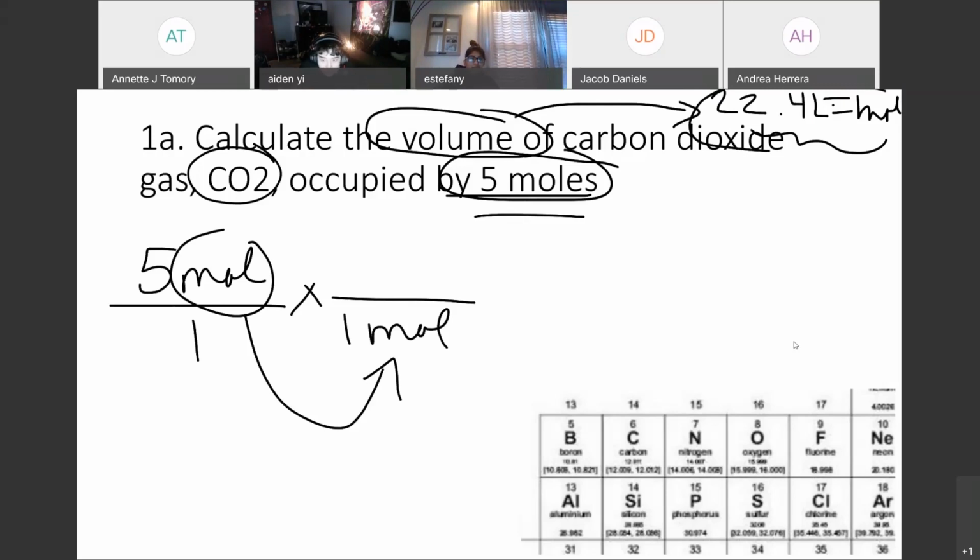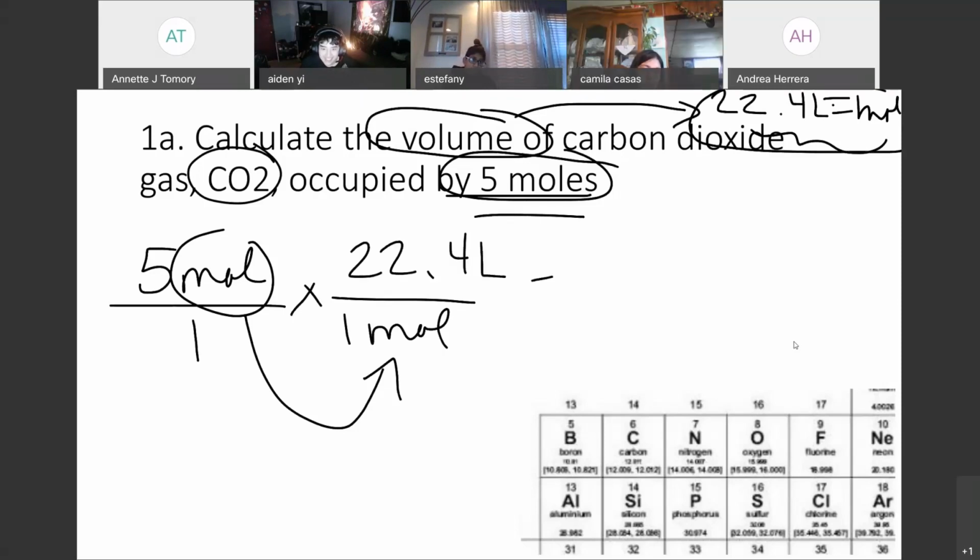All right, so now we look at that conversion factor. What number is going to go on top to get us to liters? 22.4. Now we use that 22.4. The moles can cancel. So it's going to be 5. It's on top this time, so we're going to multiply or divide? Multiply. We're going to do 5 times 22.4.